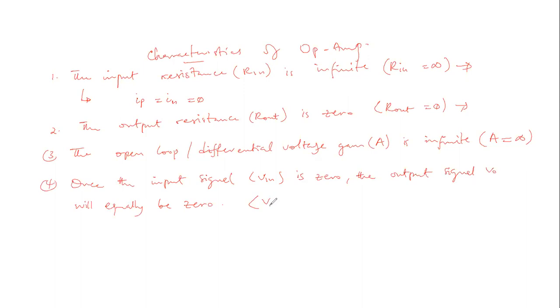That is, Vout is 0 if and only if Vin is also 0. Since Vin is the same as the difference between the node voltages, which is Vp, the positive, minus Vn, the negative node voltage, and this tends to 0, therefore Vp is the same as Vn.